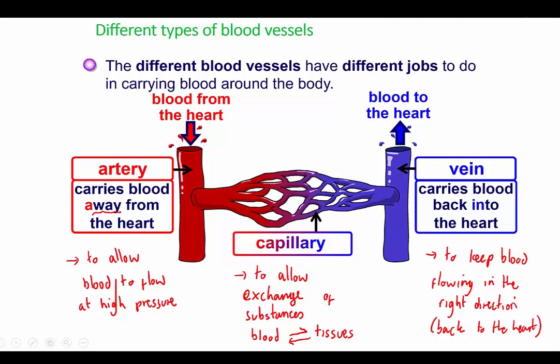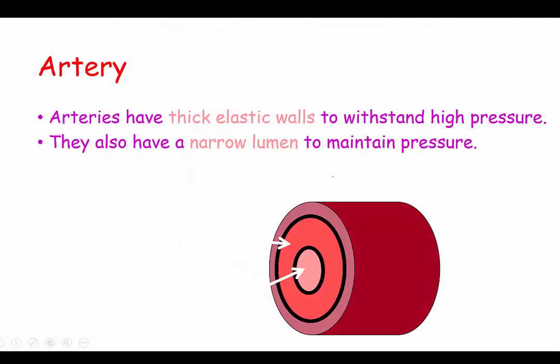Now, if we look at each one in turn, looking at arteries here, they've got thick, elastic walls to withstand high pressure. What that basically means is, when your heart beats, say for example you put your finger on your neck, you can feel your heart beating through your pulse.